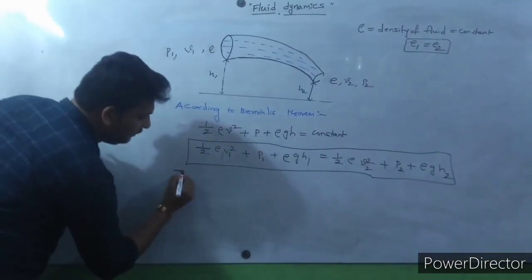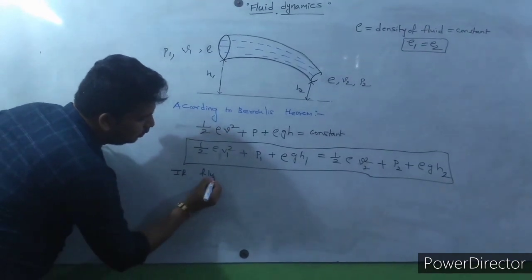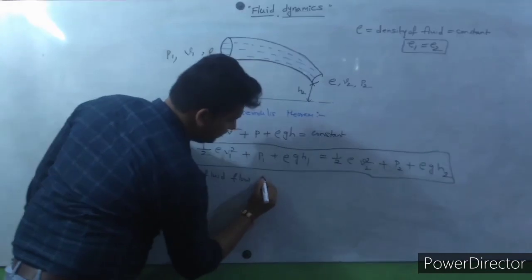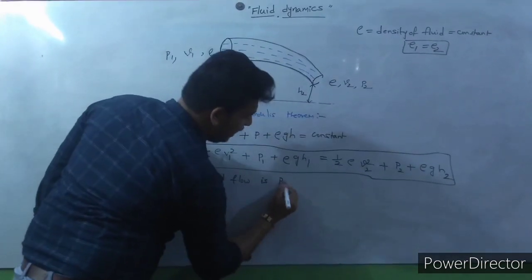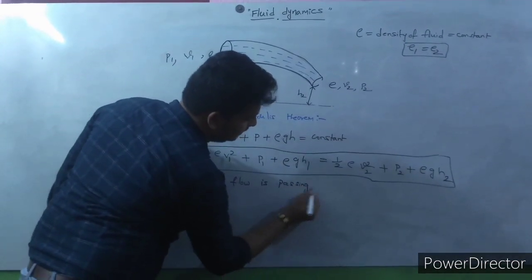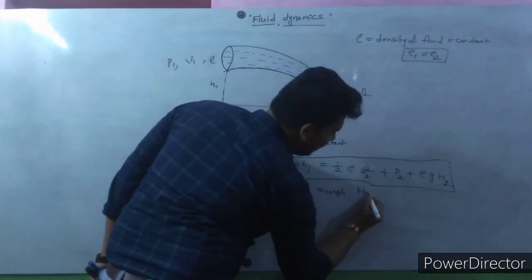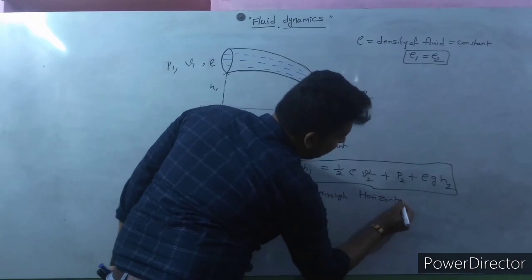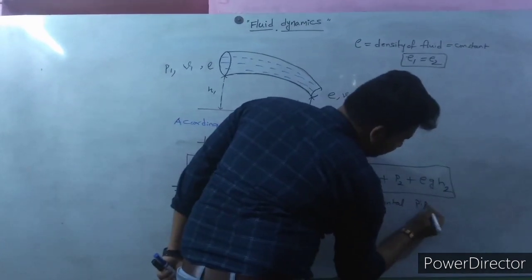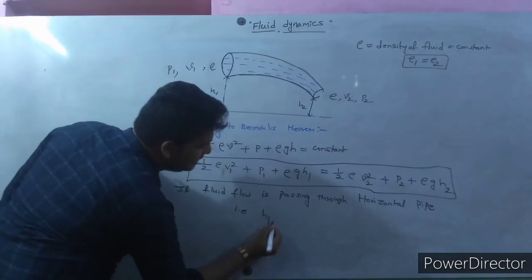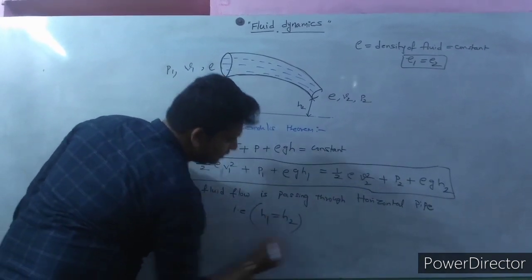Here, if the fluid flow is passing through a horizontal pipe, that means H1 is equal to H2.